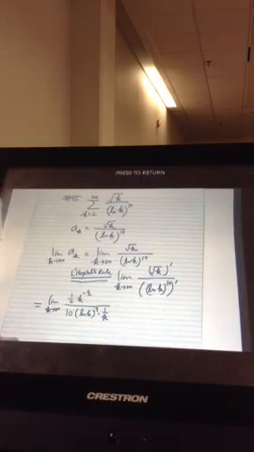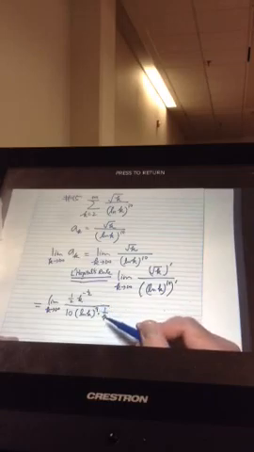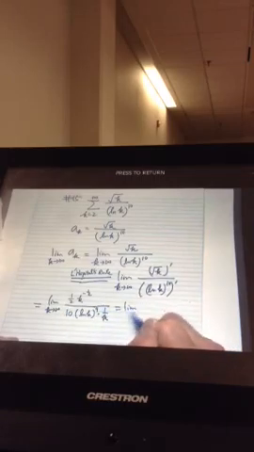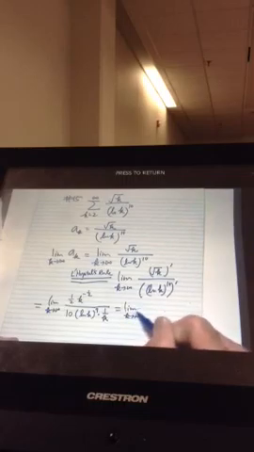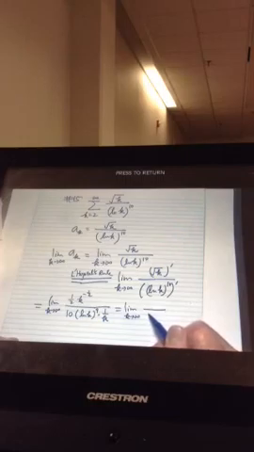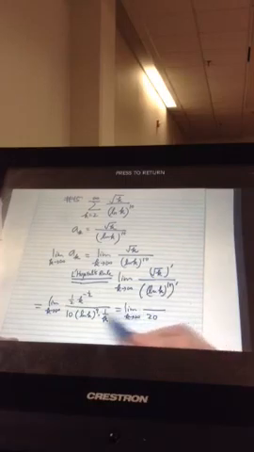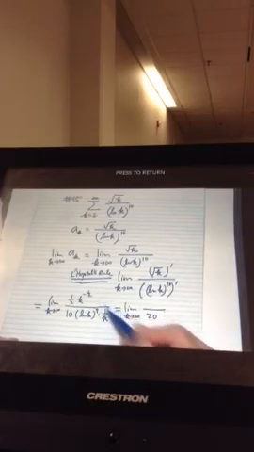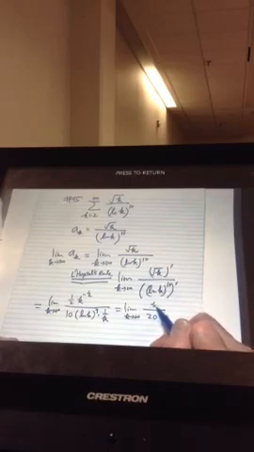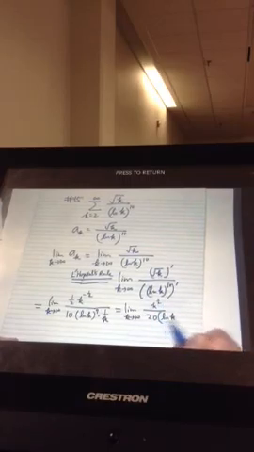So this will be the limit as k goes to infinity. I have 2 here, so 20, right? Multiply both sides by k, I have k to the 1/2 here, and this is natural log of k to the 9.